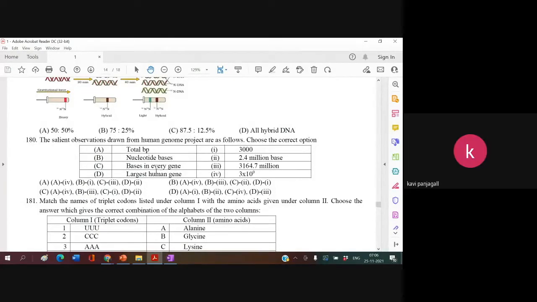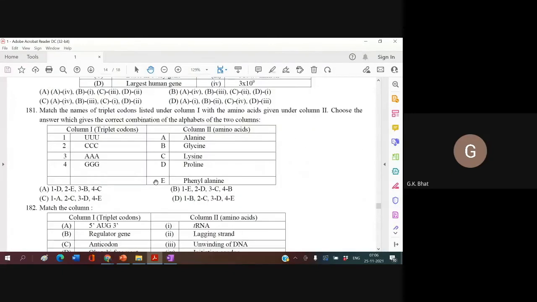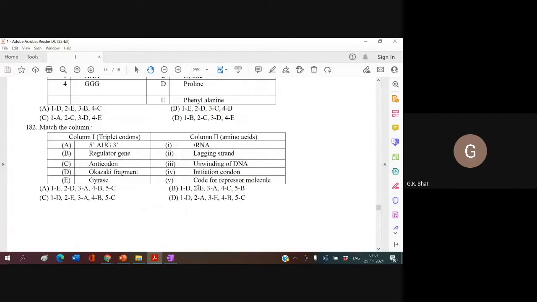C, sir. Yeah? C is the answer. 181. Unless you know, you cannot. Can you answer the question by seeing the textbook? B. B, correct. 182.